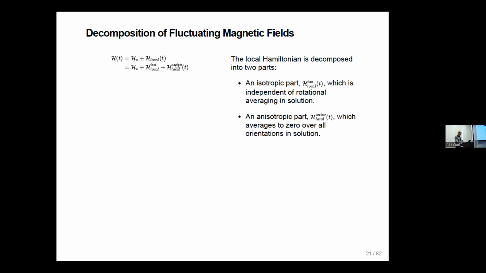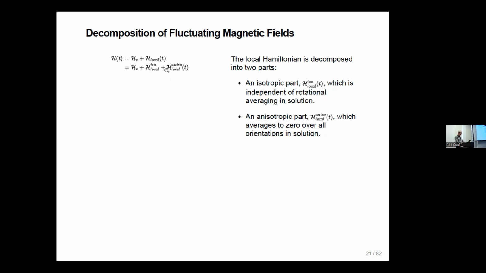And when I do an average, the local fields have some isotropic part that survives averaging. And in solution, that will be the chemical shift and the J couplings. The dipole couplings have an average of 0, it turns out, which is why we don't see solid state NMR spectra in solution. All those enormous dipole couplings have averaged exactly to 0.